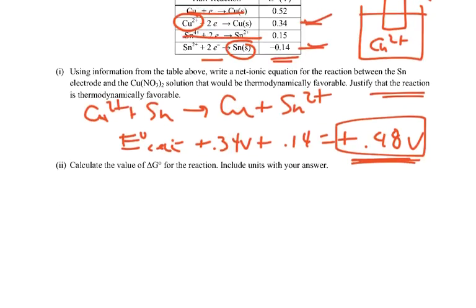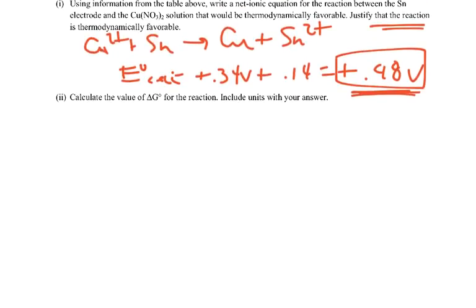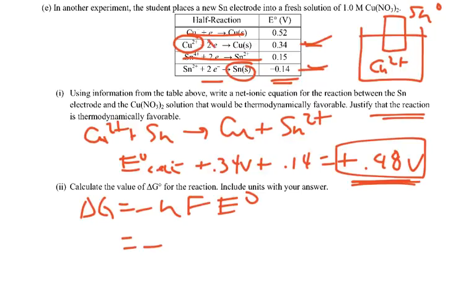Calculate the value of delta G for the reaction, include units. So delta G equals negative N F E0. From our reaction, you can see that I had 2 electrons and 2 electrons, so N equals 2 moles of electrons for every mole of reaction.